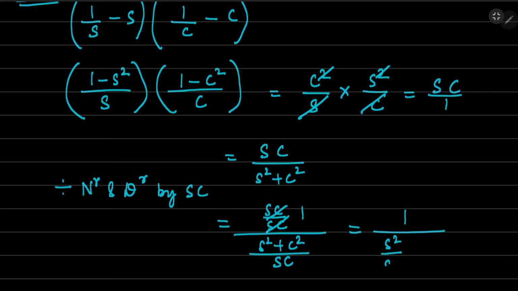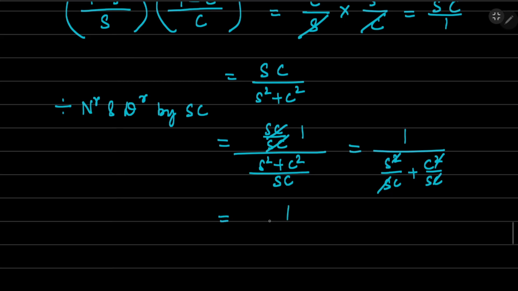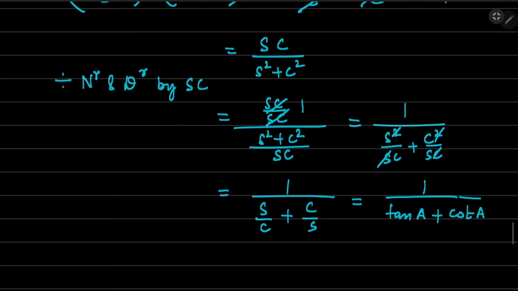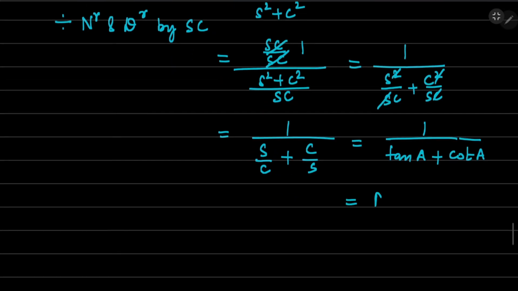So you have sine square by sine cos plus cos square by sine into cos. Okay, so this will get cancelled. So what do you have? 1 over sine by cos plus cos by sine. This is nothing but 1 over sine by cos is tan A plus cos by sine is cot A. And this is what you need, right? 1 over cot A plus tan A. It's equal to your RHS.